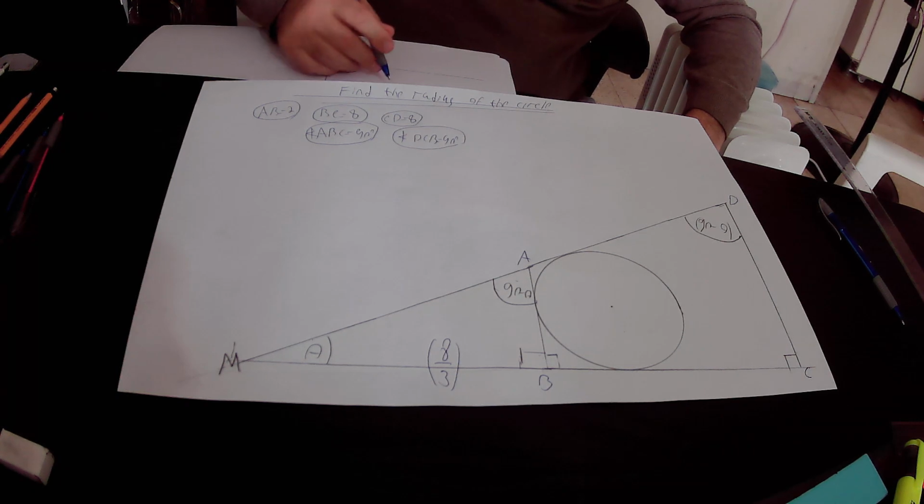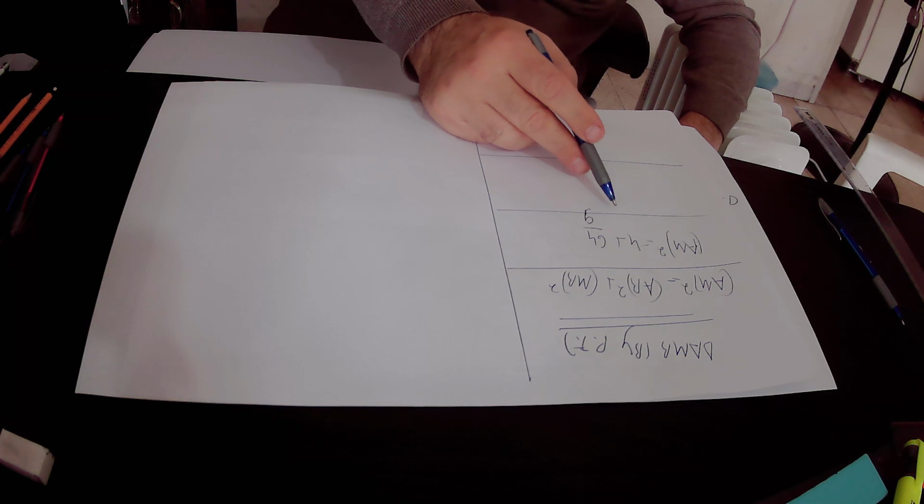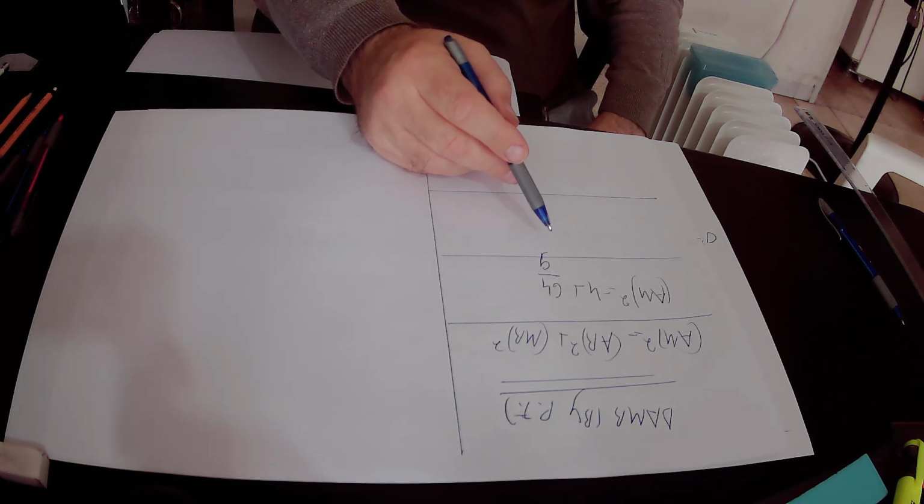So in conclusion, we found out that AM squared equals 4 plus 64 over 9.